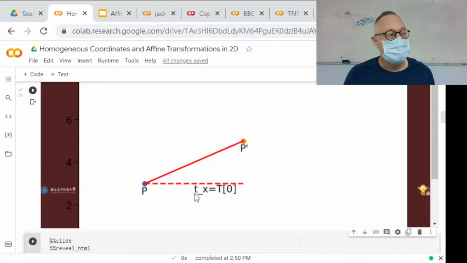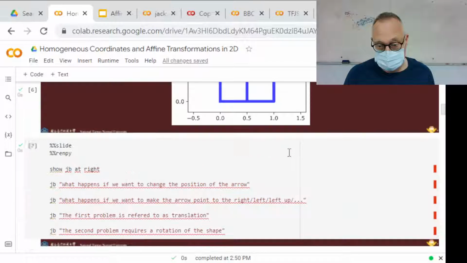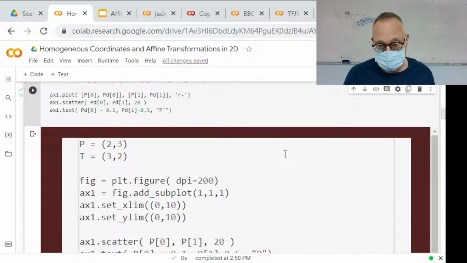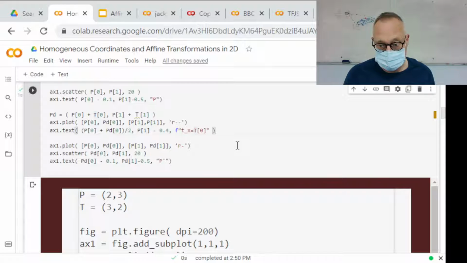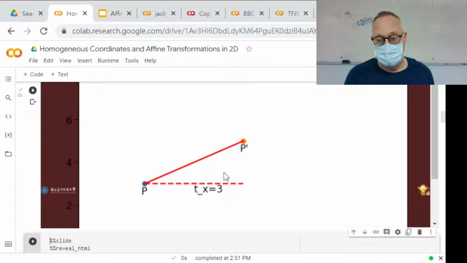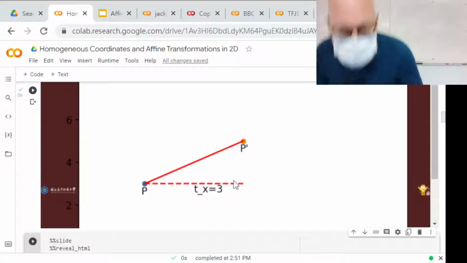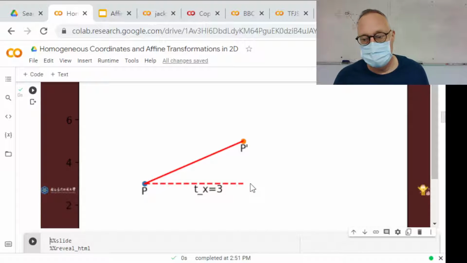So here I have TX. So now you can try and copy that code and complete the figure drawing the TY. So draw the line from here to there. I can put in the coordinates.